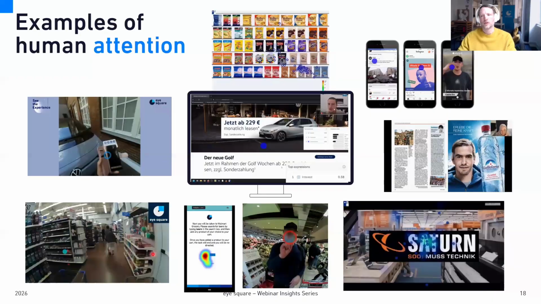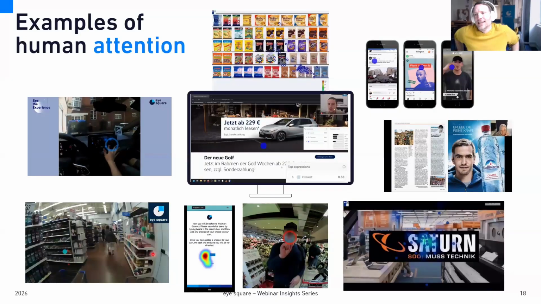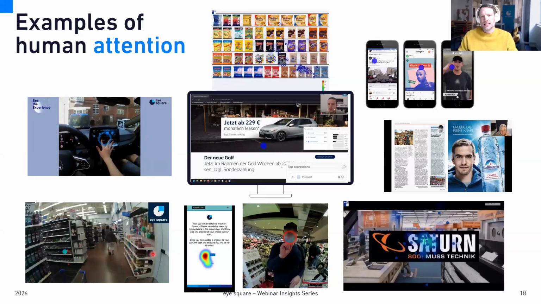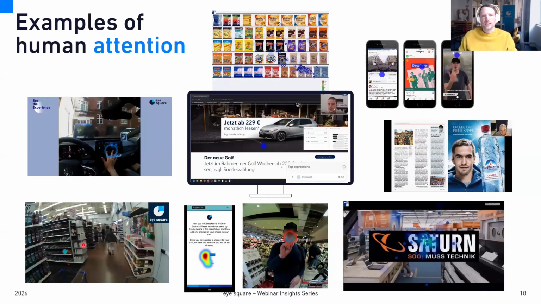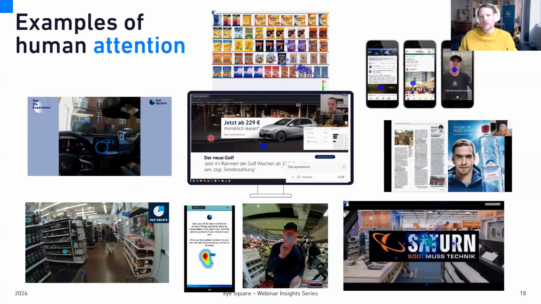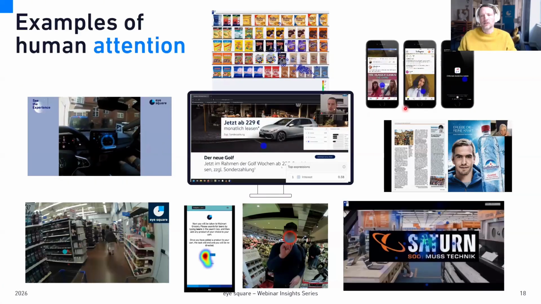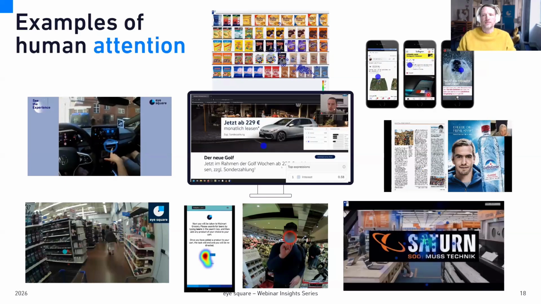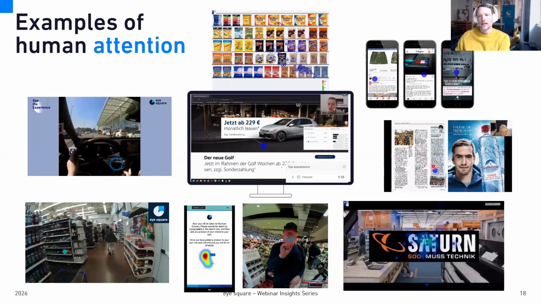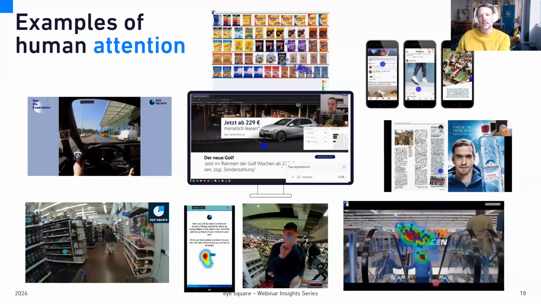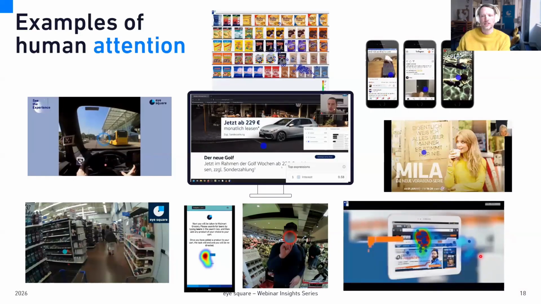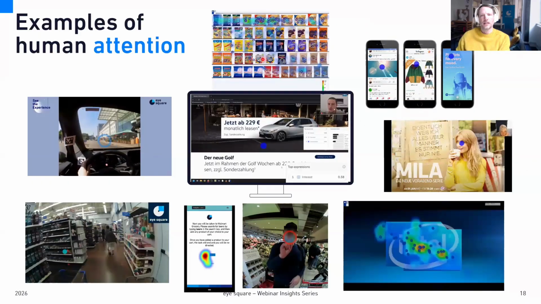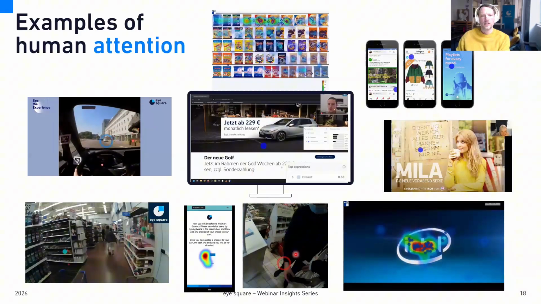And when we look at our archive and look at the eye tracking videos, you can see the settings are super versatile. Here we see in-car research, more UX based. Here we see eye tracking on mobile phones, social media, print, advertisement testing, definitely moving images, TV research, shopper research on the shelf, at the point of sale as well.